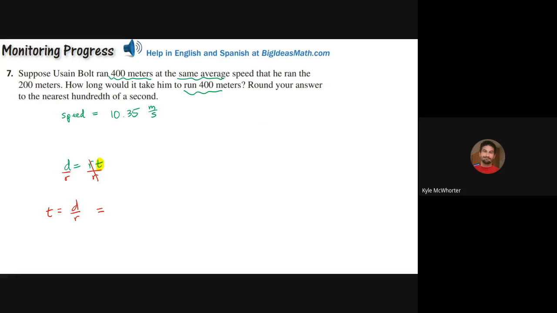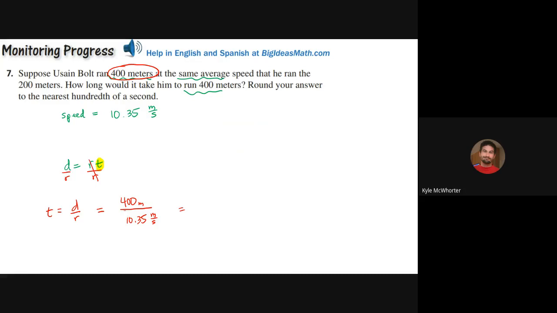The distance is 400 meters. We want to find out how long it's going to take him to run 400 meters at a rate of 10.35 meters per second. One interesting thing is if you look at the units here, meters divided by meters is going to go away.